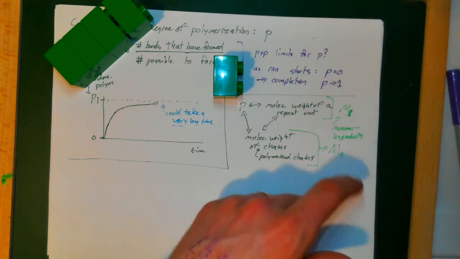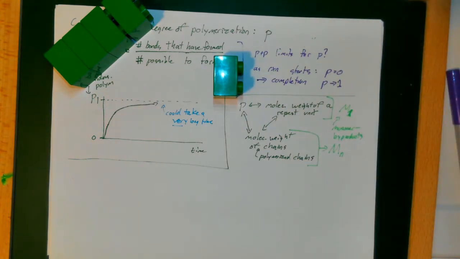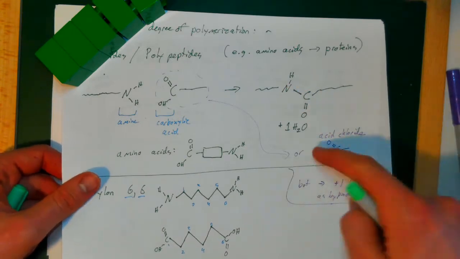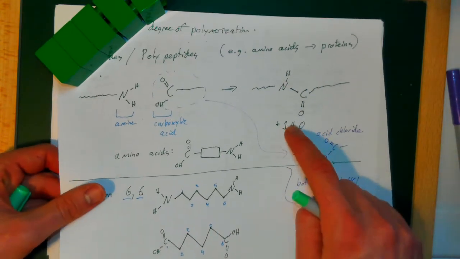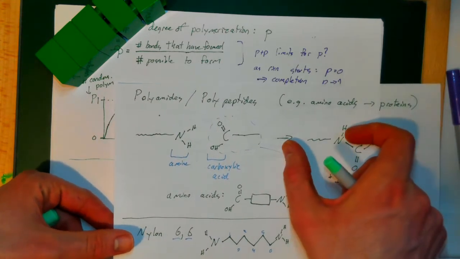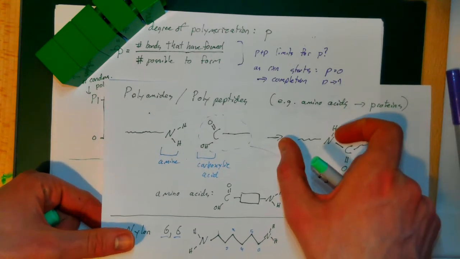Because keep in mind, for basically everything except polyurethanes, when they react with one another, they kick out something. So essentially I'm asking, what is the molecular weight of this repeat unit of my polymer?